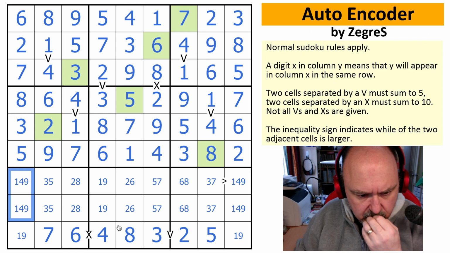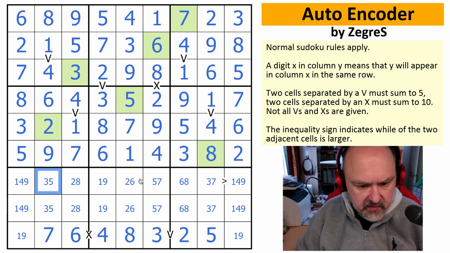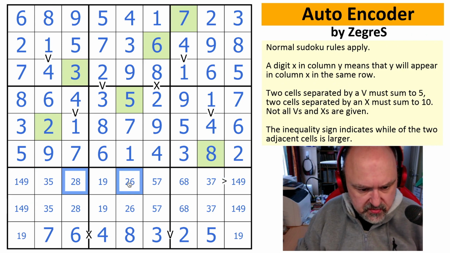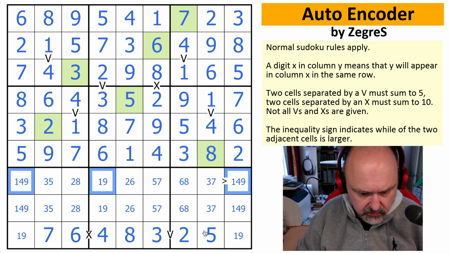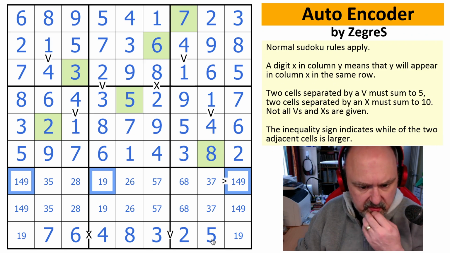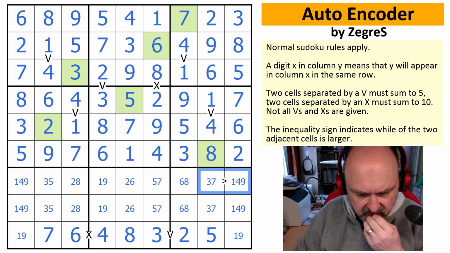Which is a whole bunch of deadly patterns. 3, 5, 7 triple, 2, 6, 8 triple, 1, 4, 9 triple, same in every row. Not disambiguated by, it's got to be this inequality sign, but there's lots of options there.